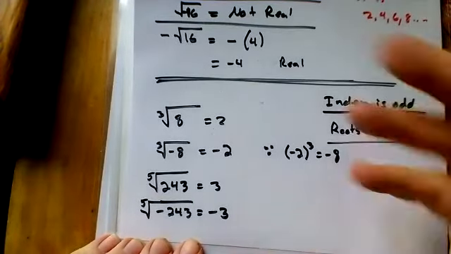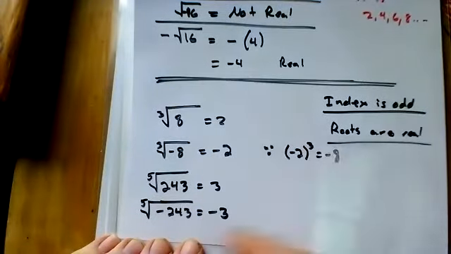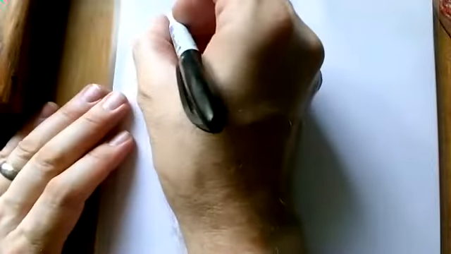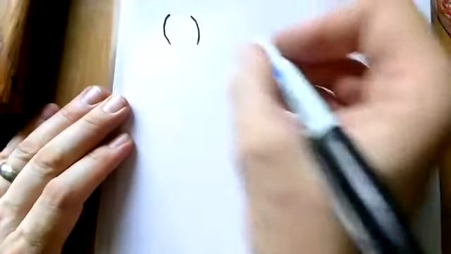Now, this is a lot of how radicals work with signs. The same rules are going to apply to our rational exponents. So the same thing is going to happen with our rational exponents.